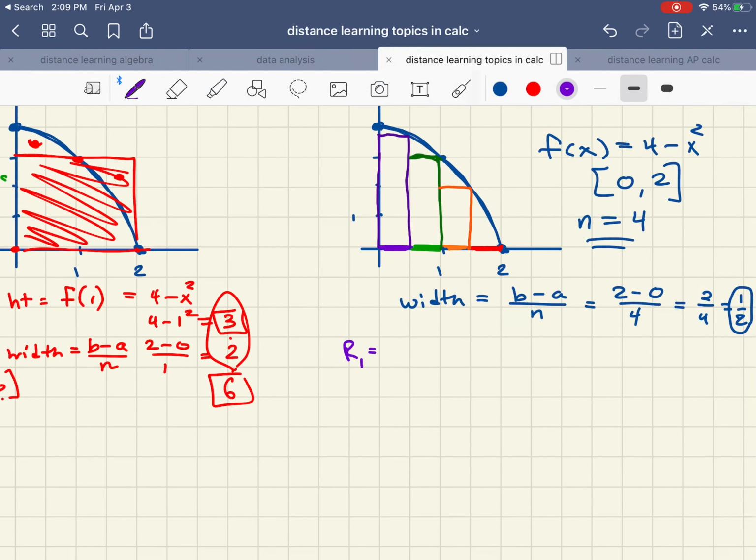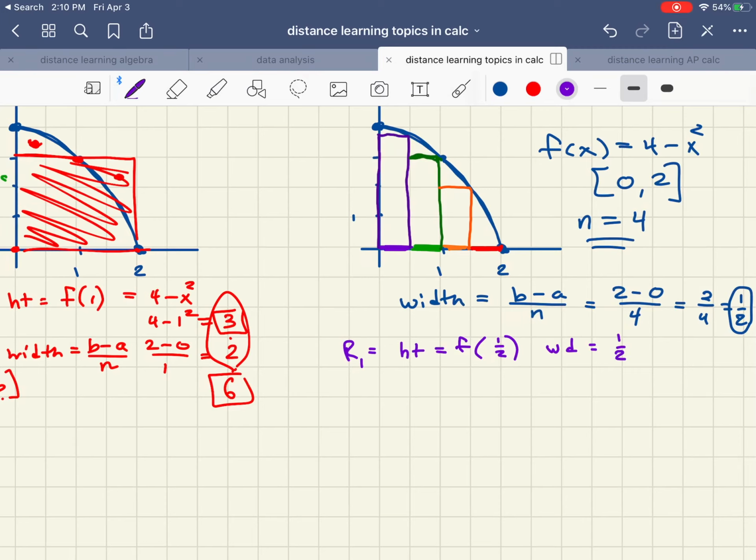So rectangle 1, which is the purple, we need the height of that rectangle. So we need to look and see what the x coordinate is. Well, the width is 1/2. From here to here is 1/2. We start at 0, we end at 1/2. So we need to find f of 1/2.